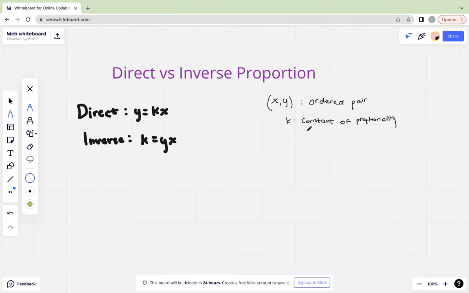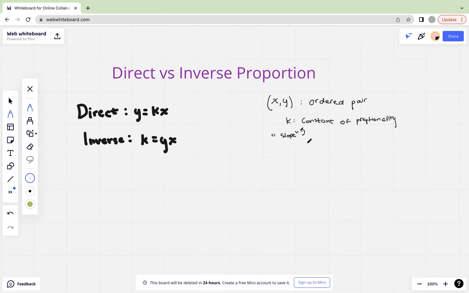The constant of proportionality is a ratio, as in a slope. A slope in a linear equation are all examples of constant of proportionality. Essentially, it's a common ratio that both y and x follow.